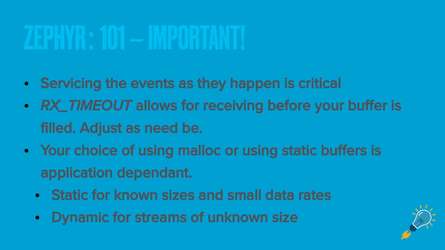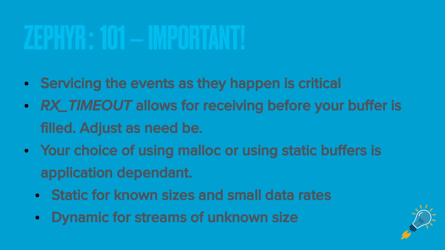I'll harp back on making sure that servicing any events that happen in this UART callback is really important, and keeping it a tight loop, with not a lot of extra processing happening there. Tweak the RX timeout as you need to. For me it didn't really matter, because I was expecting just a certain number of bytes.